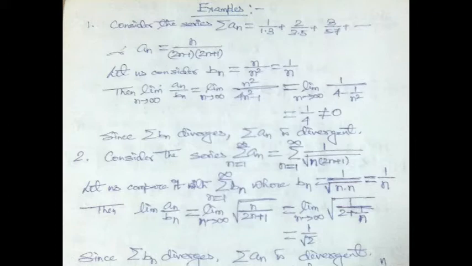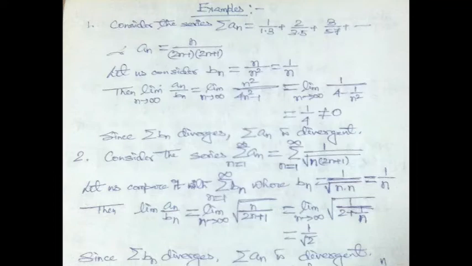So if we compute the limit of u_n by b_n, that will be limit n tends to infinity n square by 4n square minus 1. So if we divide by n square in both numerator and denominator, then we have limit n tends to infinity 1 by (4 minus 1 by n square).